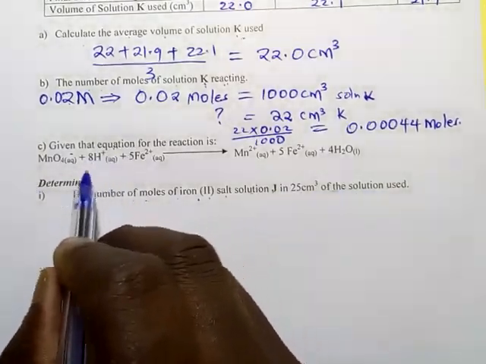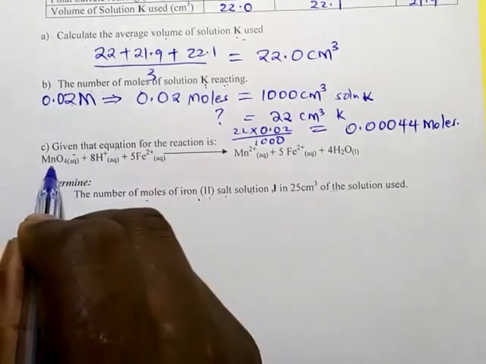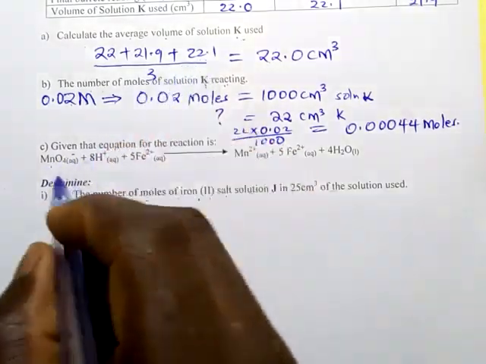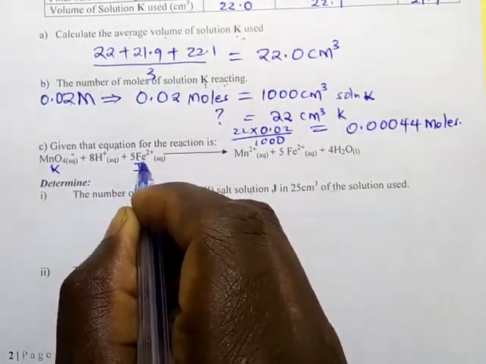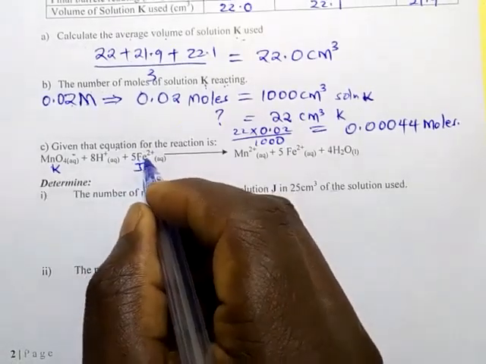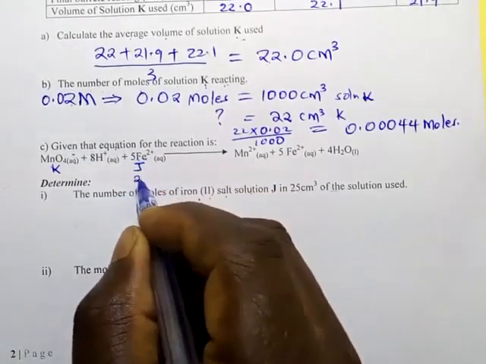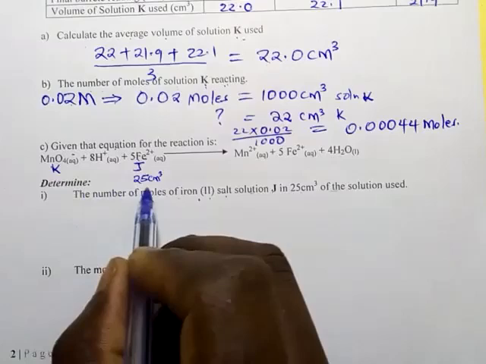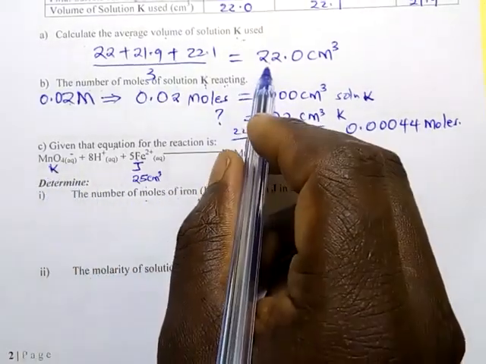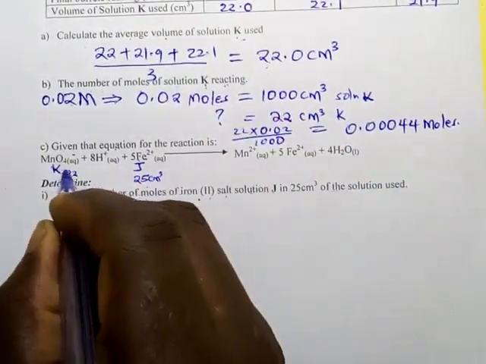Now, let us first interpret this here. The permanganate is what we call solution K, the iron is solution J. What is the volume of the iron used? We took 25 centimeters cube because we pipetted 25 centimeters cube. 25 centimeters cube reacted with 22 cm³ of K.